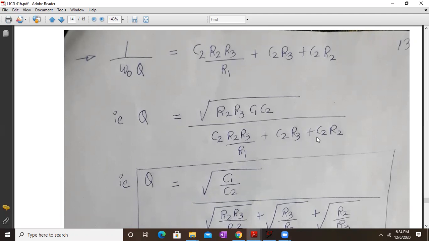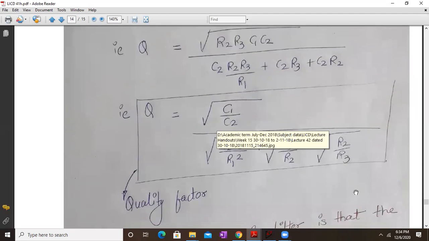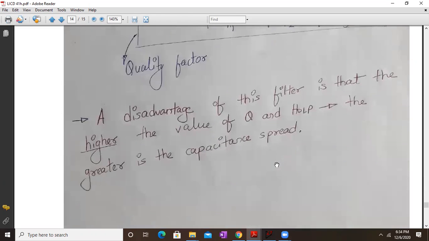We rearrange the terms and finally get this quality factor formula. In the numerator we have square root of C1 upon C2. In the denominator we have three terms: square root of R2 R3 upon R1 square, plus square root of R3 divided by R2, plus square root of R2 divided by R3. So these are the three terms of quality factor which we have.